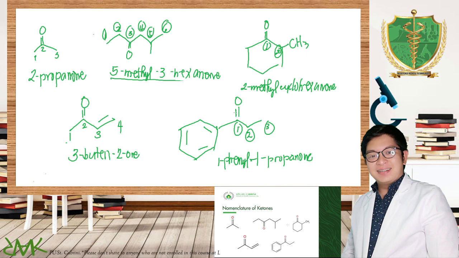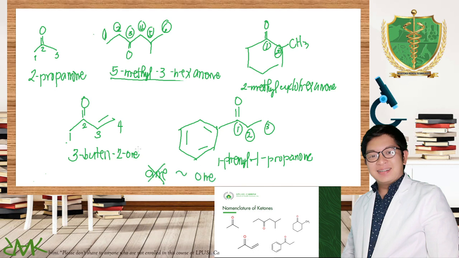Now take note, guys, remember the parent name of the alkane: look for the longest chain of the carbon and then name it as the parent alkane. Omit the final ANE of the parent alkane, and change it to ONE.